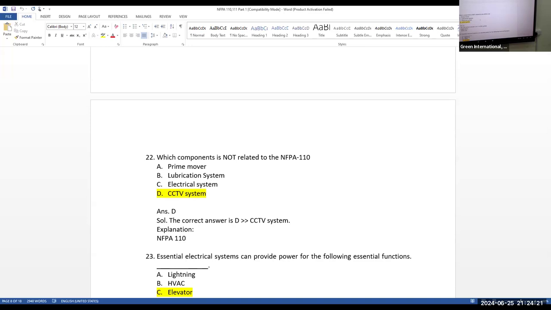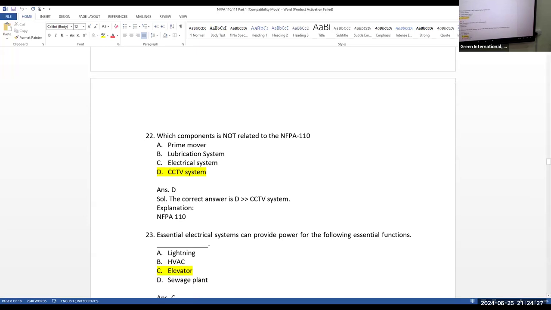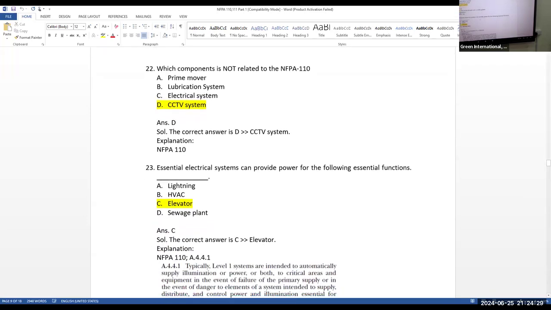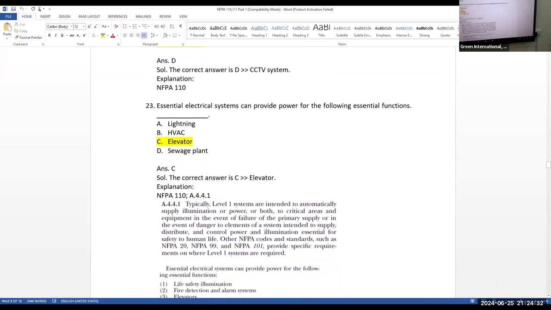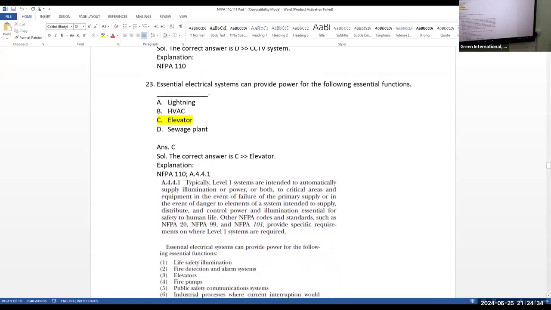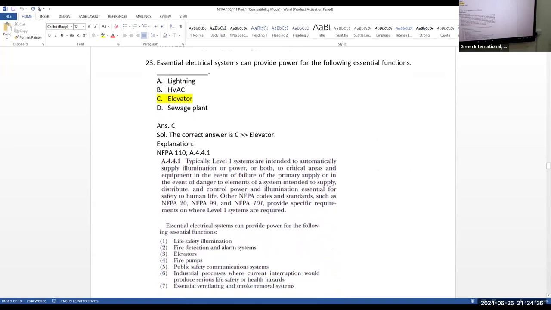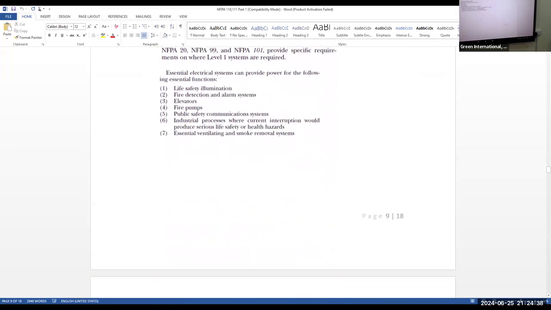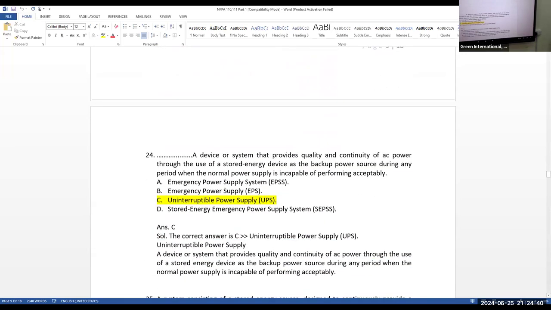The question itself gives the answer, because they use the word CCTV. Elevator. The definition for the UPS.